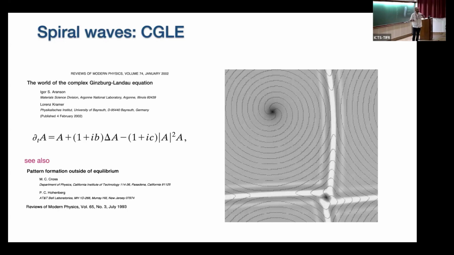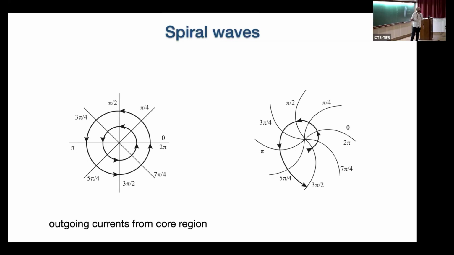You get some spiral wave formation, and that's directly related to the fact that these are complex coefficients here in this complex Ginzburg-Landau. So these spiral waves, they have a phase profile which is different from your ordinary vortex, where you just encircle the core and the phase grows on nice circles. Here you will get this kind of spiral wave.